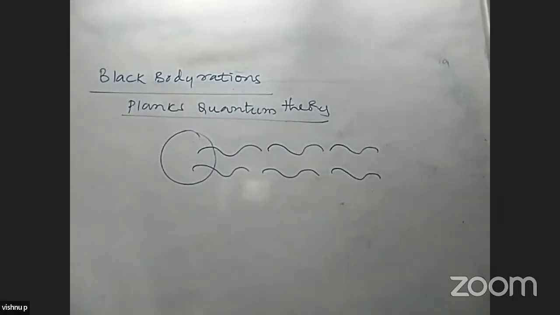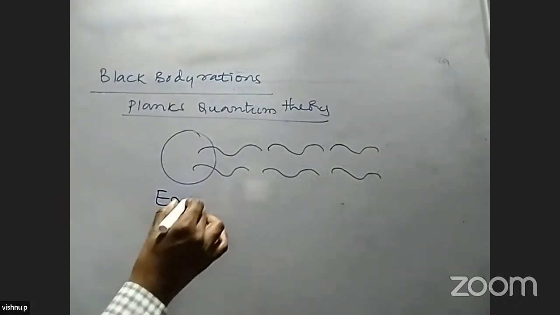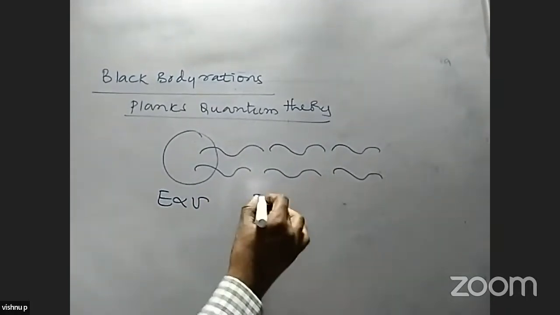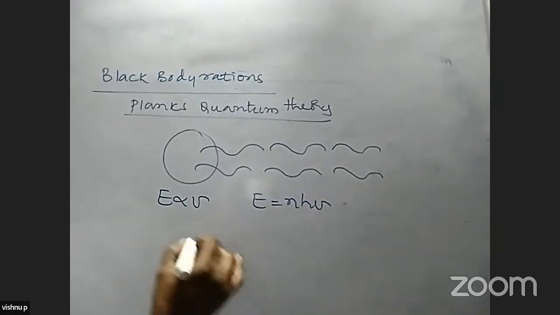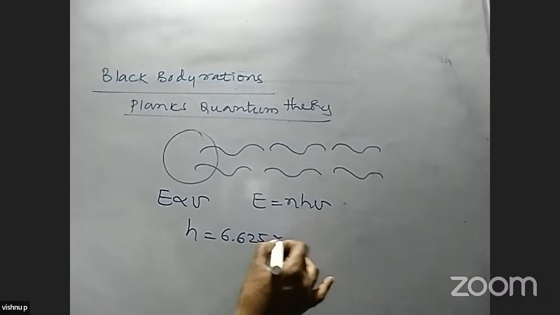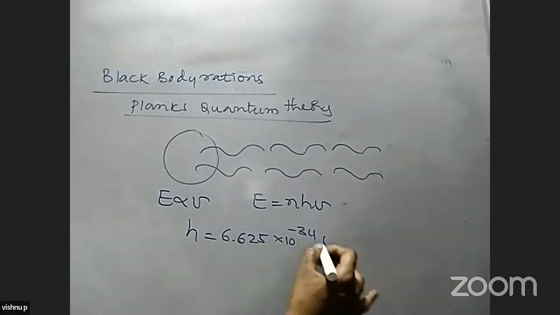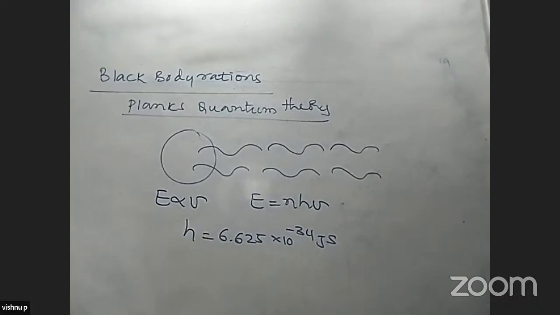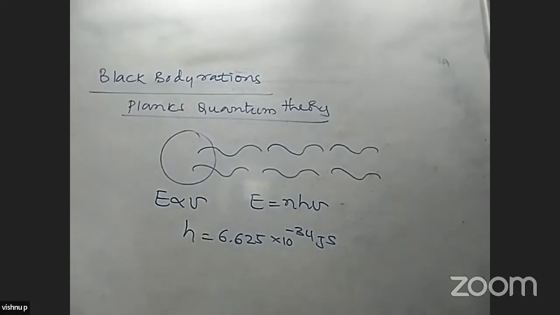Every radiation contains some discrete, quantized, fixed energy that is directly proportional to frequency, so we can write E is equal to nh nu. Nu is the frequency and h is Planck's constant, 6.625 into 10 to the power of minus 34 joule second. This is the Planck's constant value.